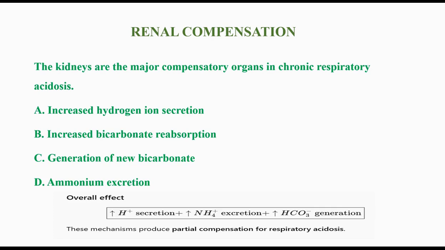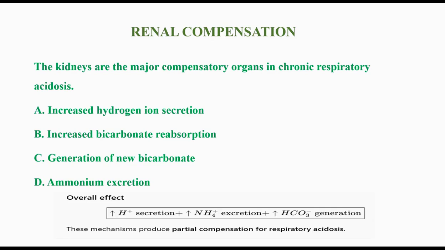This newly generated bicarbonate increases the buffering capacity of extracellular fluid. Thus, increased acid excretion by the kidney leads to generation of new bicarbonate, then it leads to increased plasma bicarbonate concentration. This mechanism is one of the major reasons why bicarbonate levels are significantly higher in chronic respiratory acidosis than in acute respiratory acidosis.